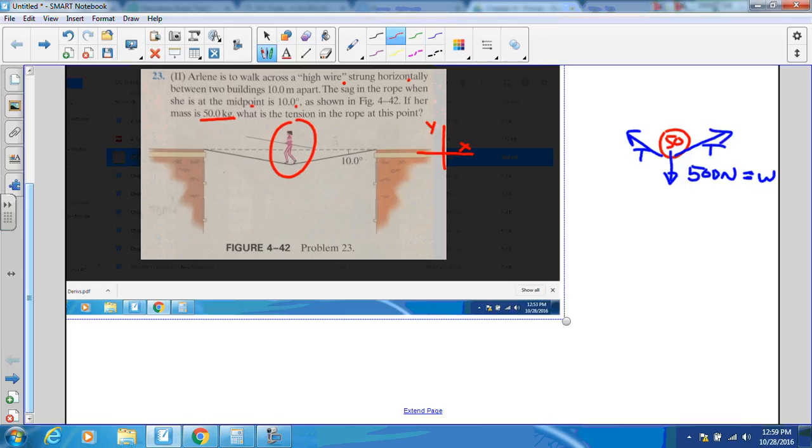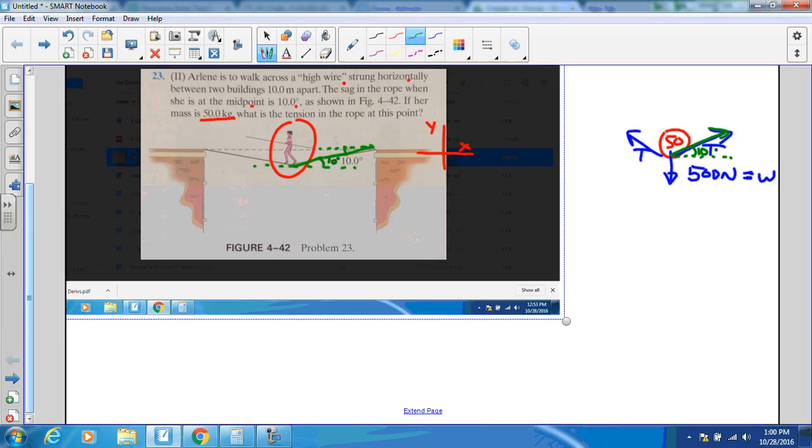Now, what do we do about these forces right here? Here is the key learning point from this problem, and that is that the tension that is going off right here is at a 10-degree angle with respect to the horizontal, because this angle right here is also a 10-degree angle, and these two lines right here are parallel, and they're cut by the rope as a transversal.